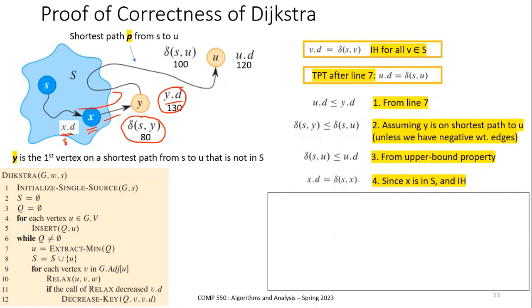Now can you see the contradictions that are coming in? Before I show you the proof, you should be able to see it from now. This has to be equal to the delta value because this is being relaxed, and so this is going to be equal to 80.